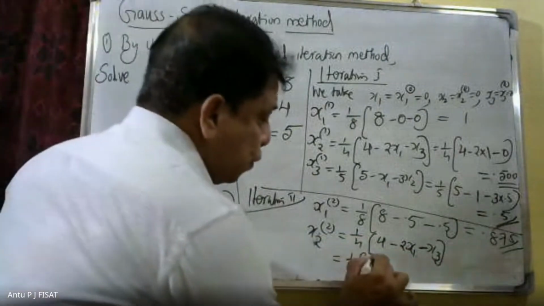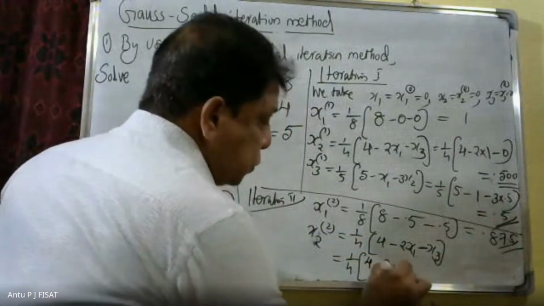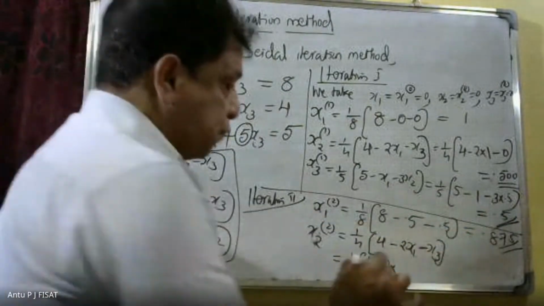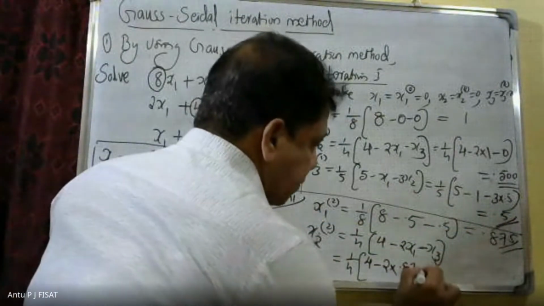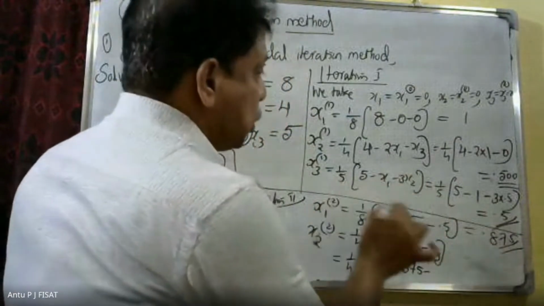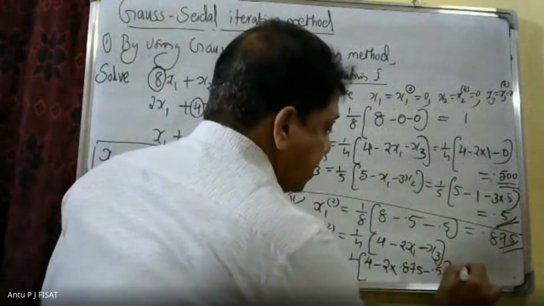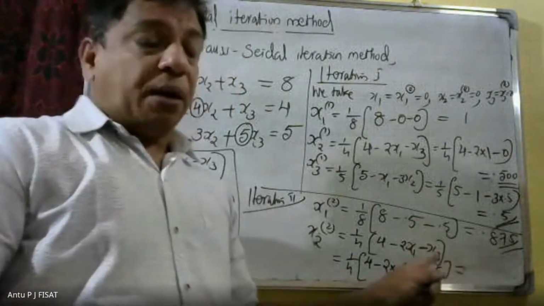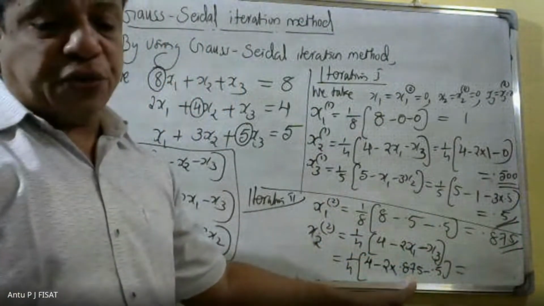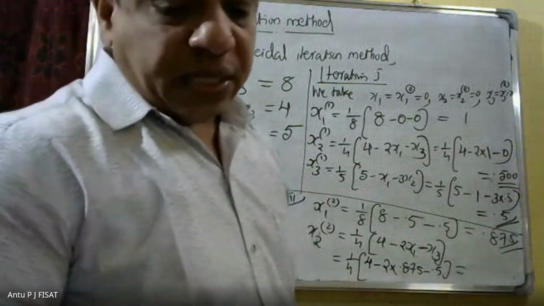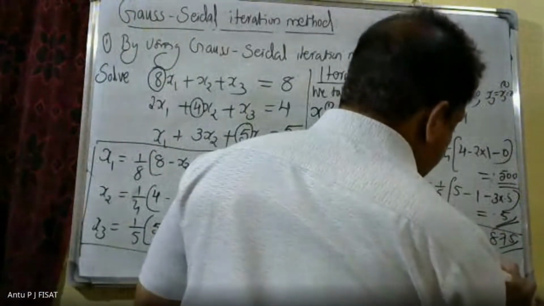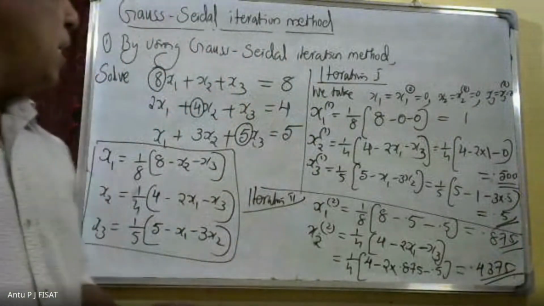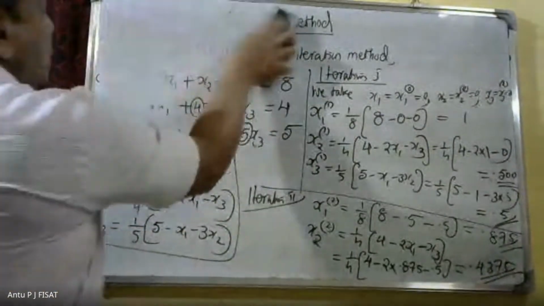Here we substitute the latest updated value of x1 is equal to 0.875, and x3 is equal to 0.5. That is, 2 into 0.875 minus 0.5. The answer will be 0.4375. Then we calculate the next value.